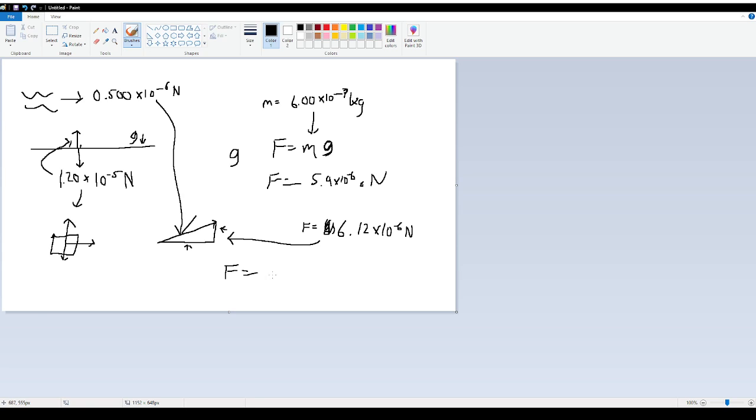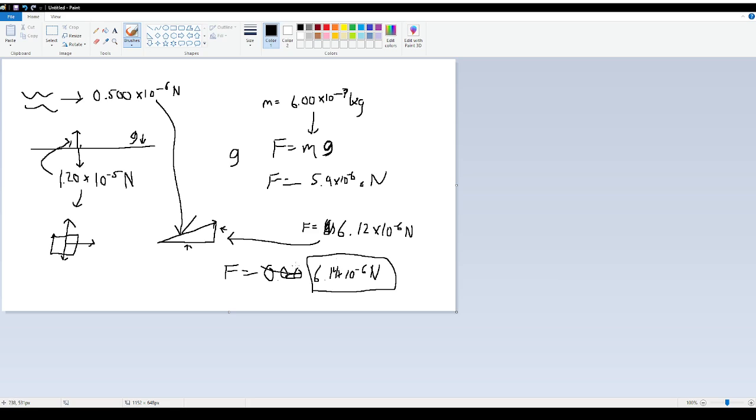You get 6.14 times 10 to the negative 6 newtons. So this is our angular force.